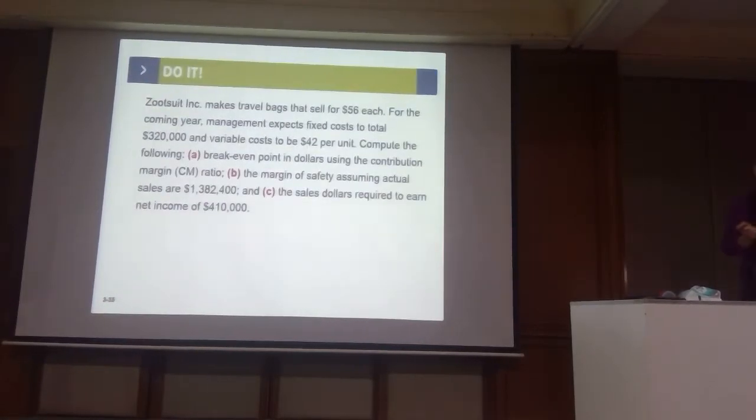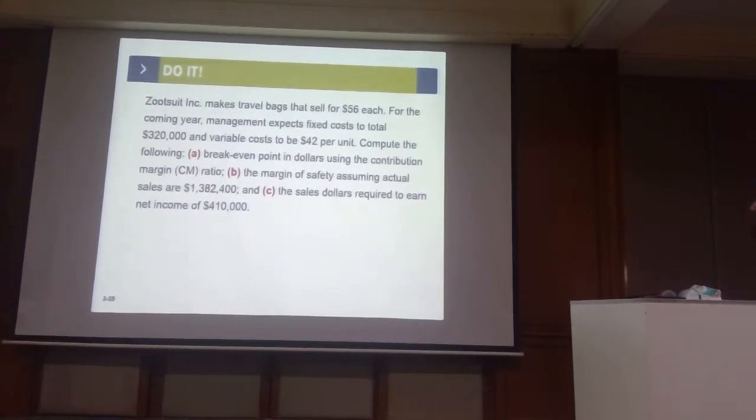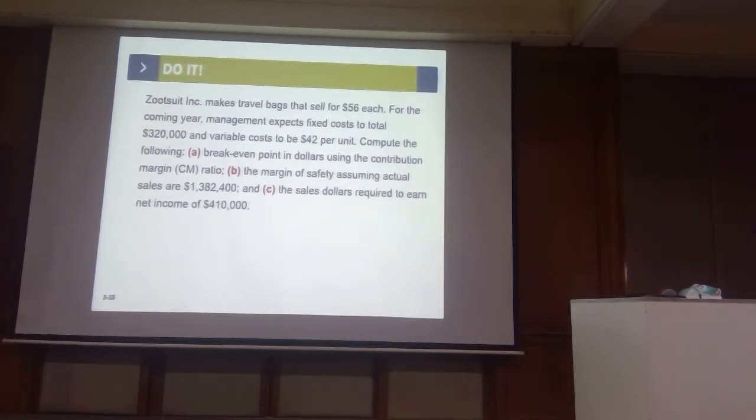Let's look at some exercises. We have 2 more exercises and then we are done. So this company makes a travel bag and sells it for 56 each. For the coming year, management expects the fixed cost to be equal to 320,000 and the variable cost to be equal to 42 per unit.